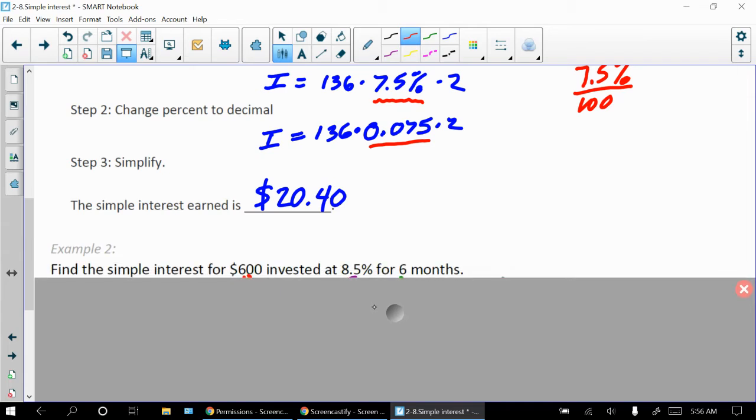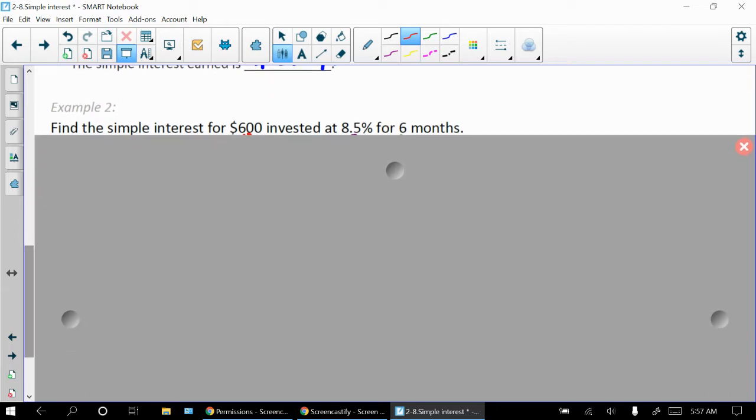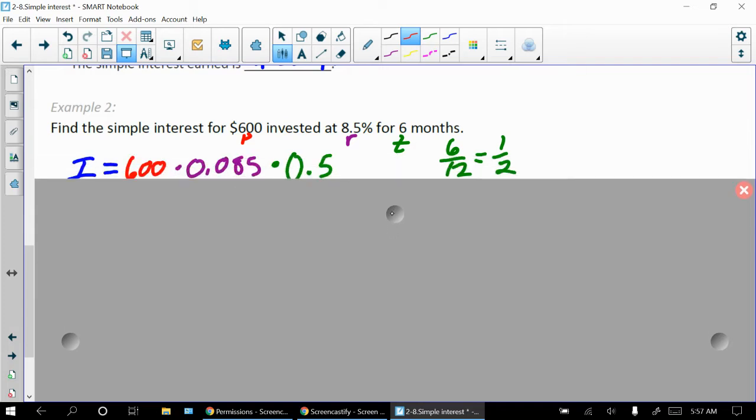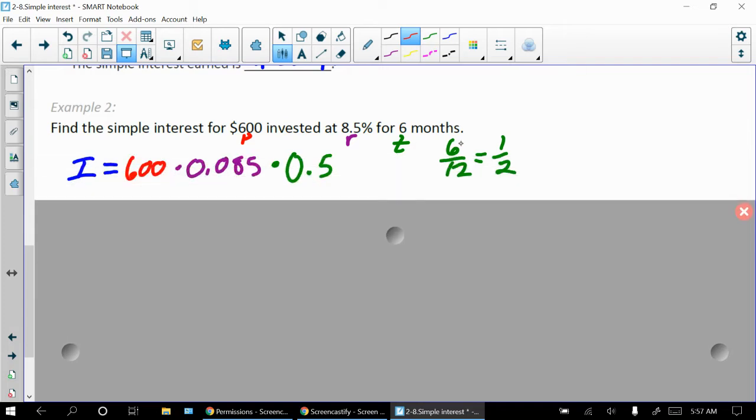All right, so we have: find the simple interest for $600 invested at 8.5% for 6 months. We have our principal, our rate, our time, but the time is written as months. So I figured out how many months are in a year: 6/12, which I reduced to get a half. I could put a half right here instead of the decimal version, I would just have to use parentheses.